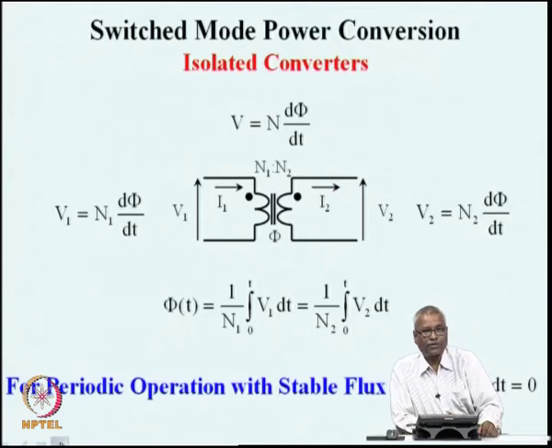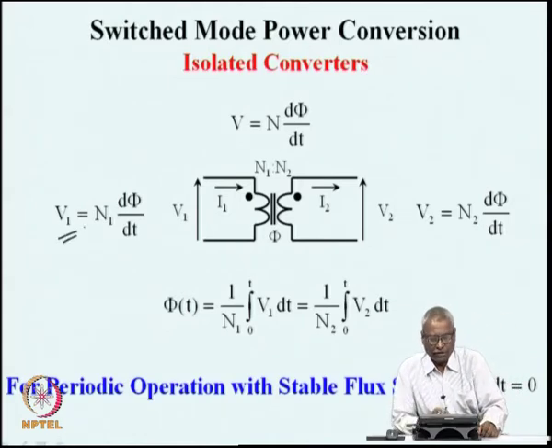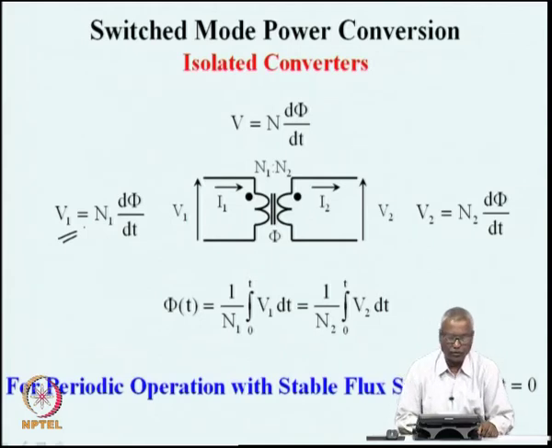Now, if a transformer is operating in the standard AC application where the excitation is periodic, the primary voltage is a periodic voltage. Normally, it is a periodic sinusoidal voltage.